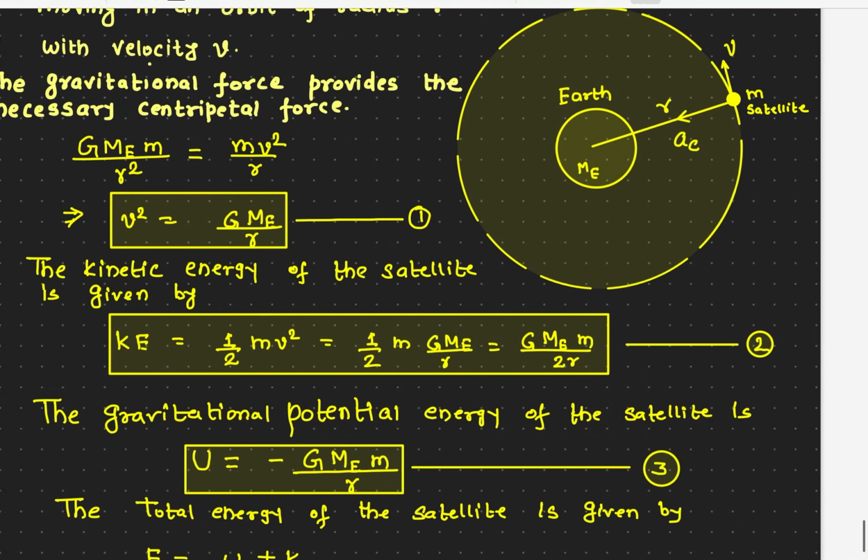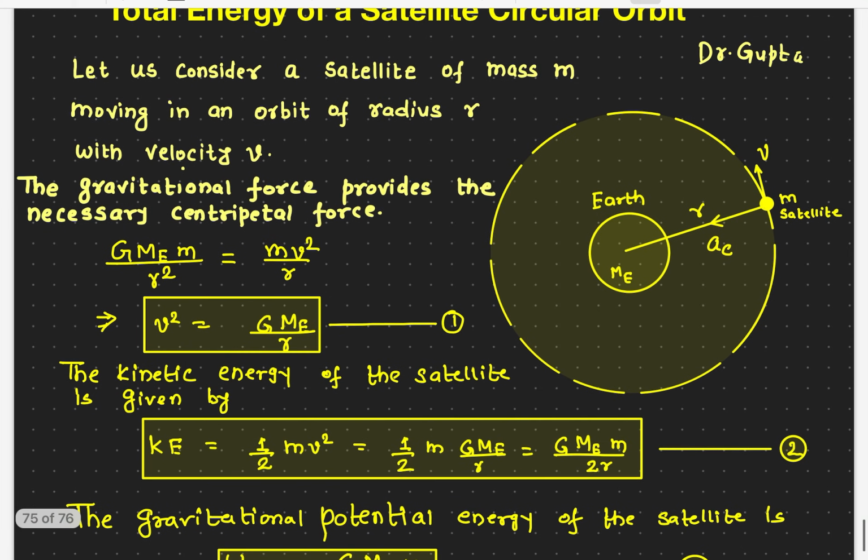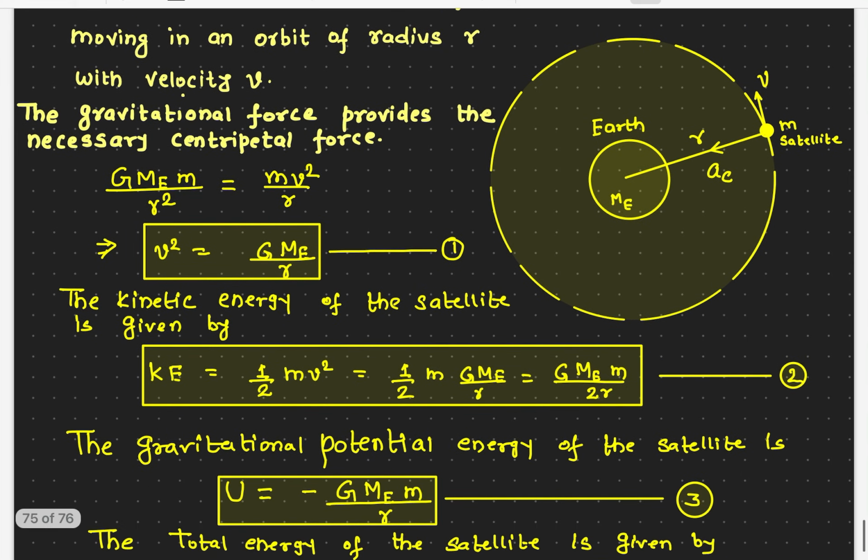Let me first explain what is meant by bound and unbound. Unbound means how much energy you have to put into this satellite just to make it infinitely distance apart.